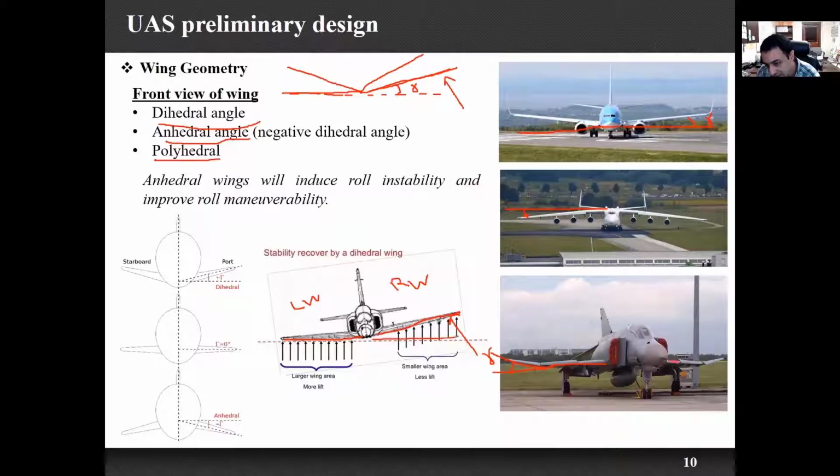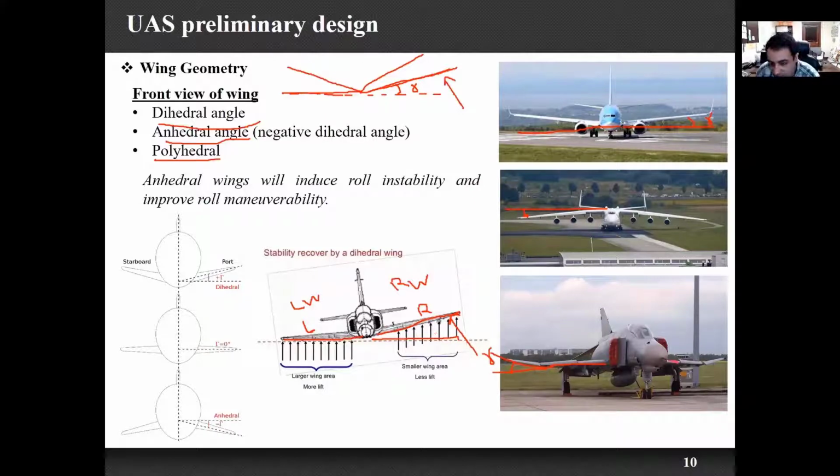So this is the part of the wing that I have. If I call this one the left wing, this is the right wing, right?